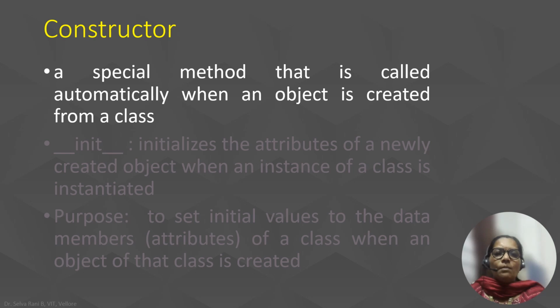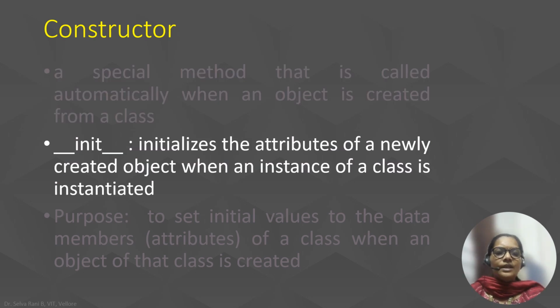We need to know about constructor in object-oriented programming. A constructor is a special method that is called automatically when an object is created from a particular class. In Python, a constructor is a special method conventionally named __init__.